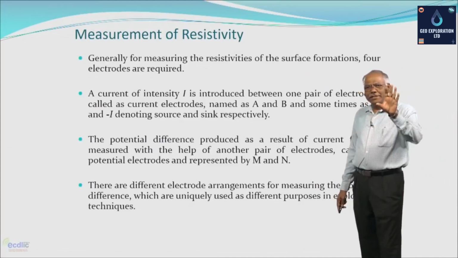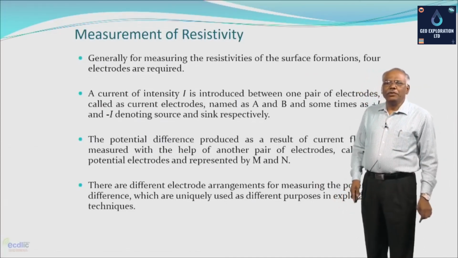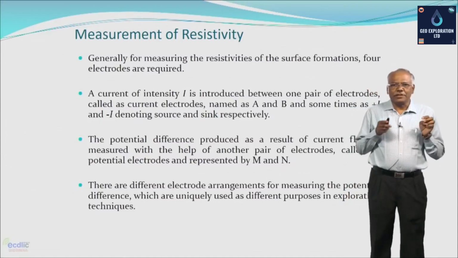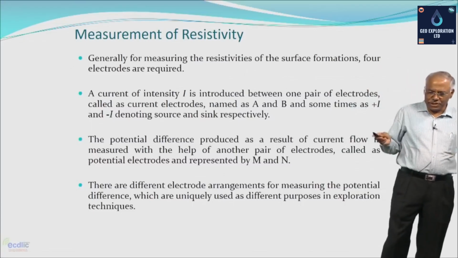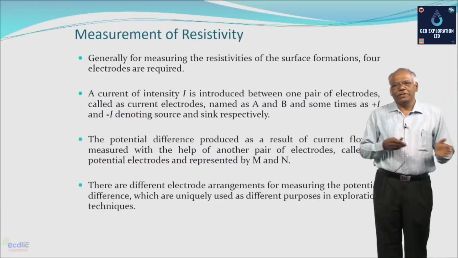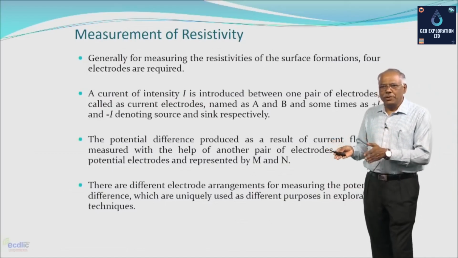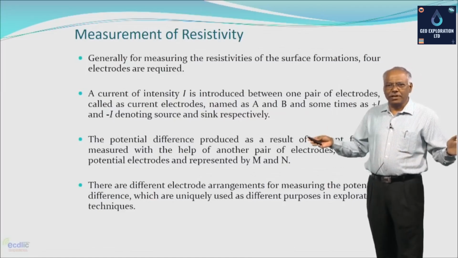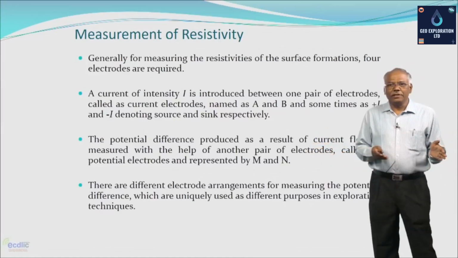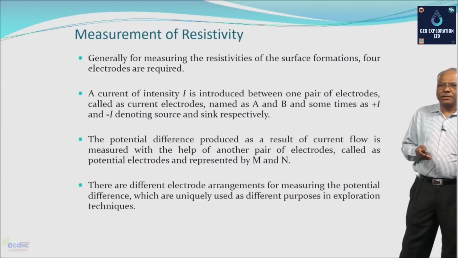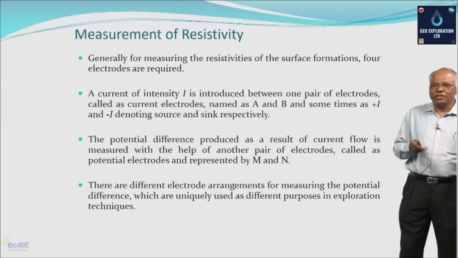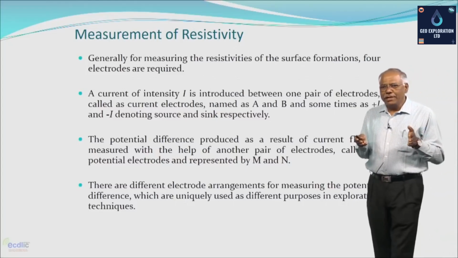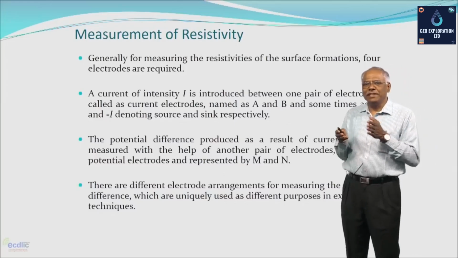As I said, this is typically in text form how the measurements are made, and therefore, you can see that generally the electrical resistivity of the subsurface formation is measured with 4 electrodes, C1 and C2 current electrodes and P1 and P2 potential electrodes. Current of intensity I is introduced between one pair of electrodes, the current electrodes, which are also named A and B, or sometimes referred to as plus I and minus I denoting source and sink respectively.